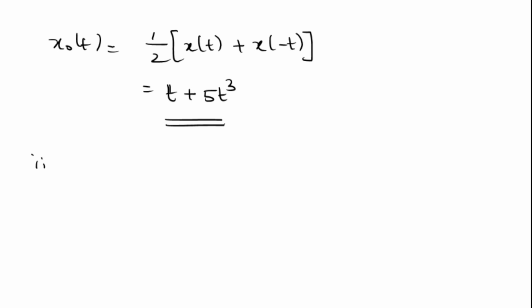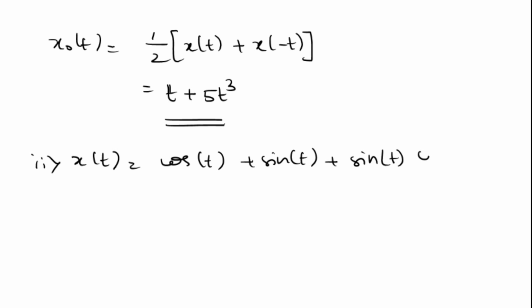Second one is x of t is equal to cos t plus sin t plus sin t into cos t.